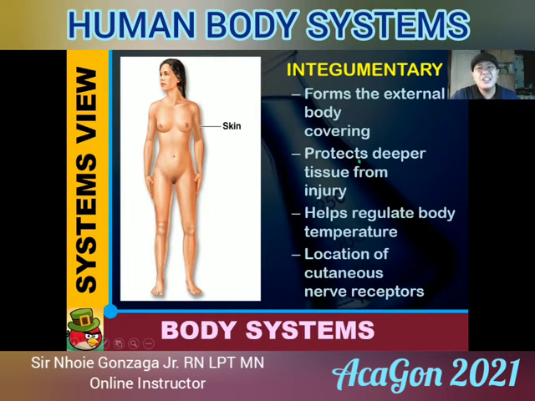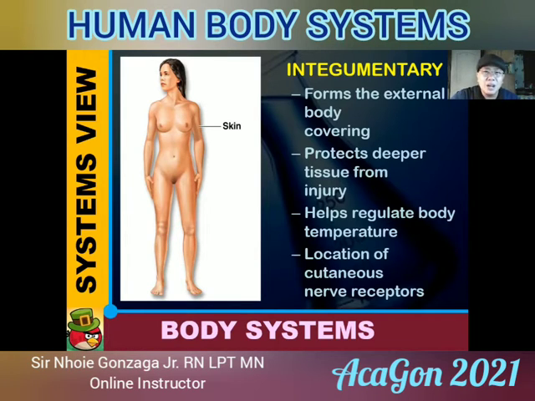It protects the deeper tissue from injury. So you can just imagine if human beings don't have skin, okay? They can get infected right away because the inner systems can be seen. Another thing, the skin or the integumentary system helps regulate body temperature. Now, human beings are warm-blooded creatures.